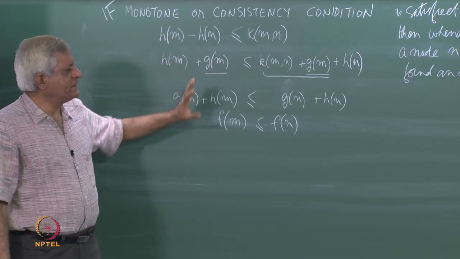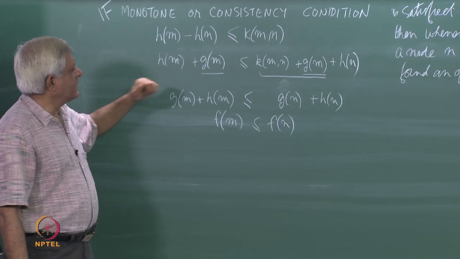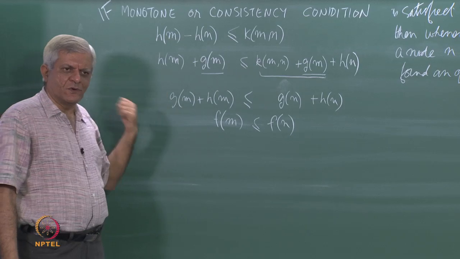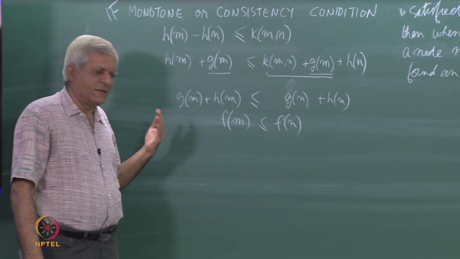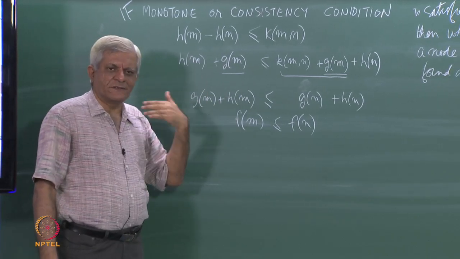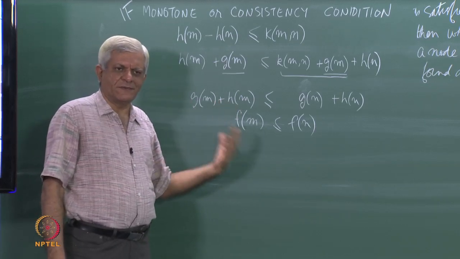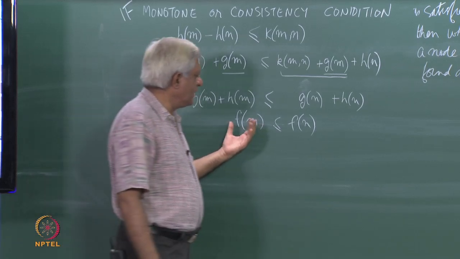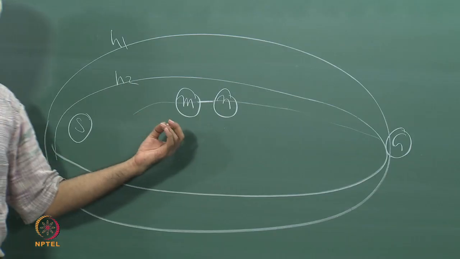So, what are we really saying here when we are looking at this criterion? We are saying that the farther we are from the goal, the less accurate our estimate is, and the closer we go towards the goal, the more accurate our estimate becomes. So, as we move from node m to node n, our f value actually increases.